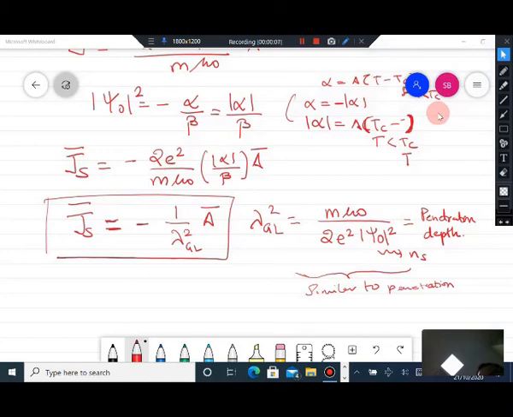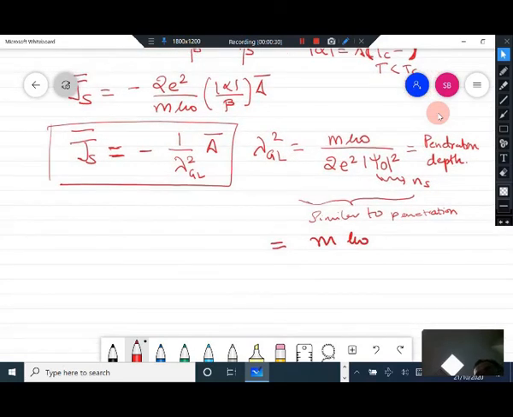So you see that Js is minus 1 by lambda GL the whole square into the vector potential, where lambda square is m mu naught by 2e square mod of psi naught square, where psi naught square is nothing else but your density of Cooper pairs. And you can also write this as m by mu naught.